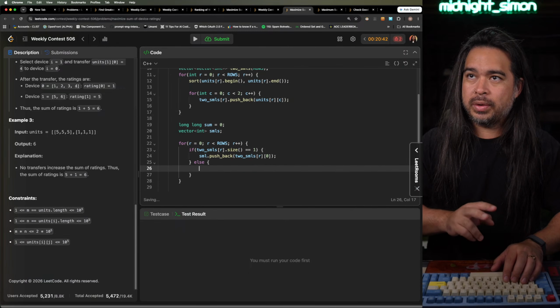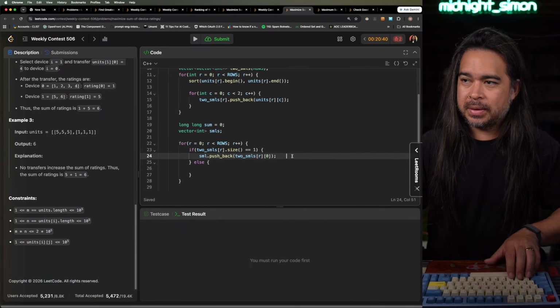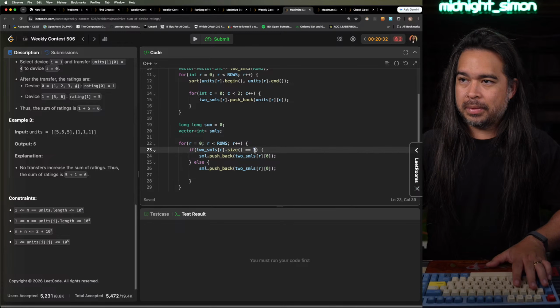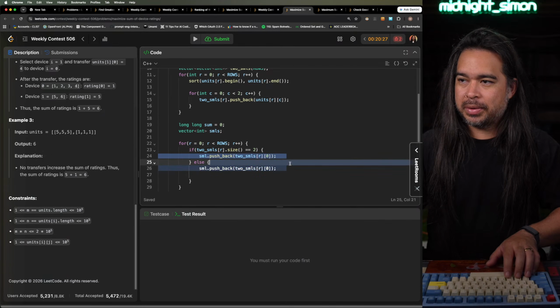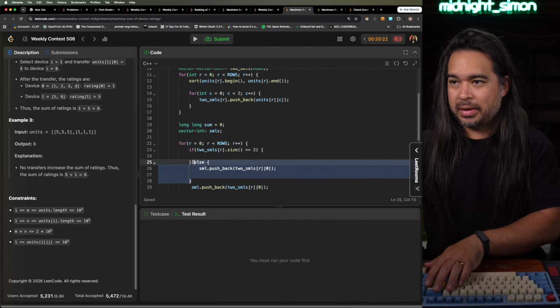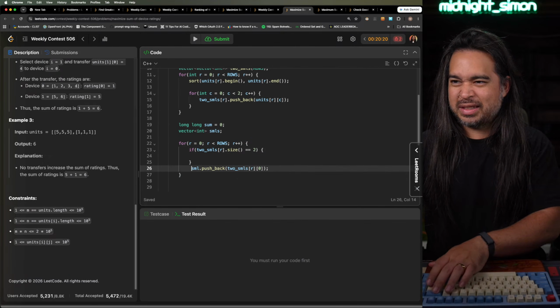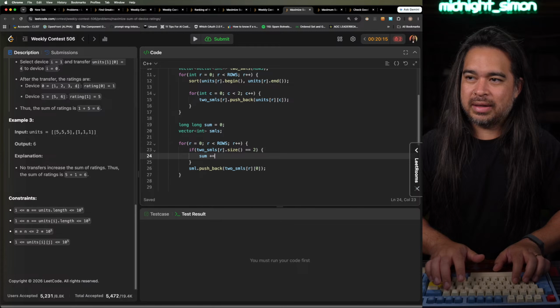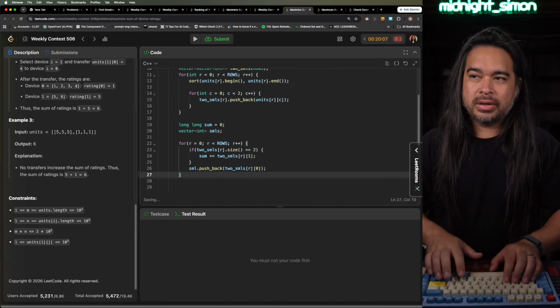But then if there's more than 2, or if there's 2 items there, we still do that. But I guess let me make this a little bit more concise. So if there's a second unit there, I want to add that to the sum. And then those are all the smalls.